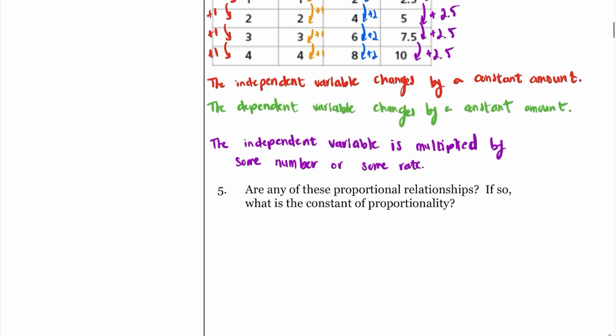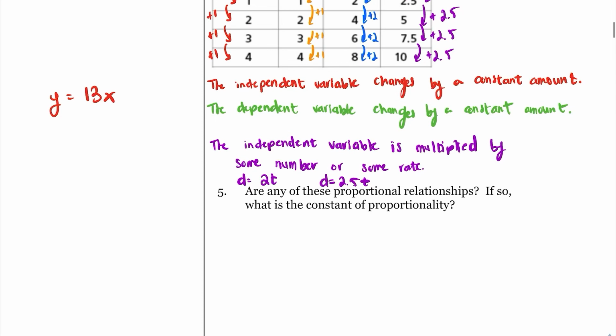In our equations here, we have something like d equals 2t, and we also have something like d equals 2.5t. So if I were to write an equation like y equals 13x, would you assume that is linear or not? I would hope you would say yes, because it looks similar to our d equals 2t and d equals 2.5t in the sense that our independent variable x, or t in this case, is being multiplied by some number or some rate.